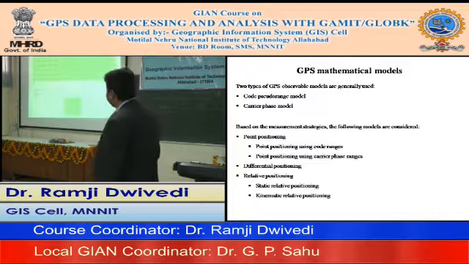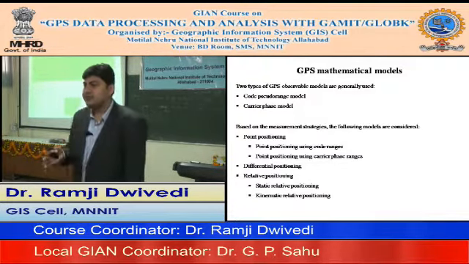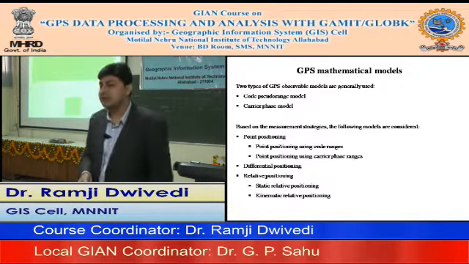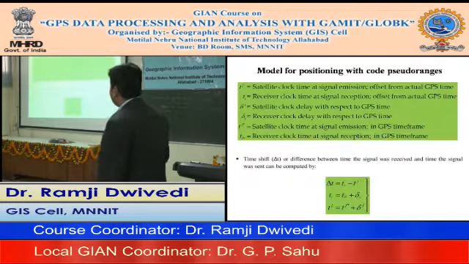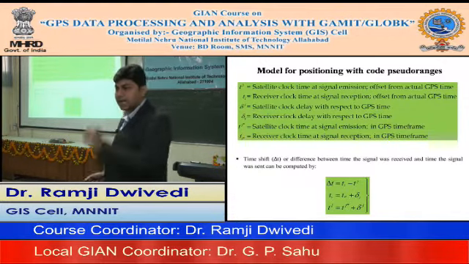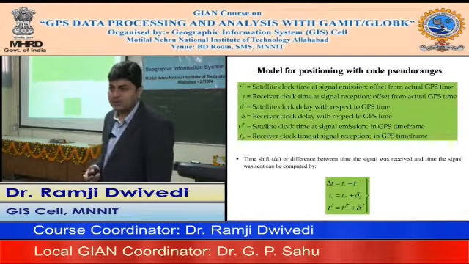Okay, so yesterday we discussed that we have a time system which is more relevant to GPS, the GPS time. We are actually working in this GPS time, and in order to understand the mathematical model of code pseudo ranges, we have to understand what we are measuring, which we call delta t, and delta t is nothing but the difference between the time tagging at the moment the satellite transmitted the signal and when the receiver received it.